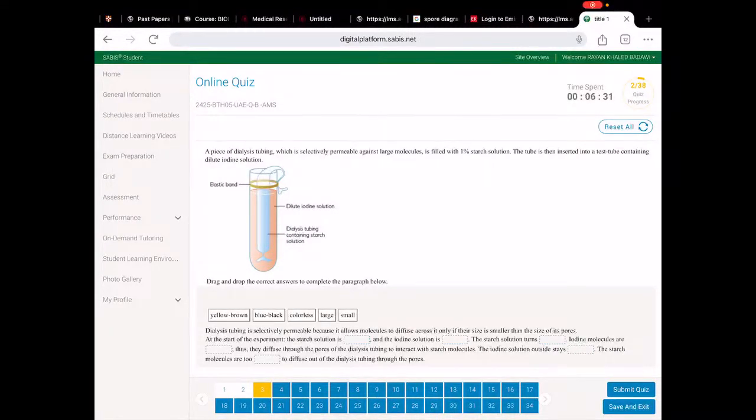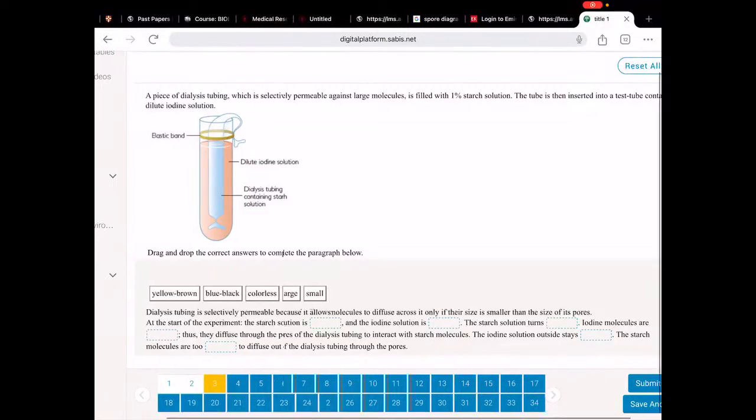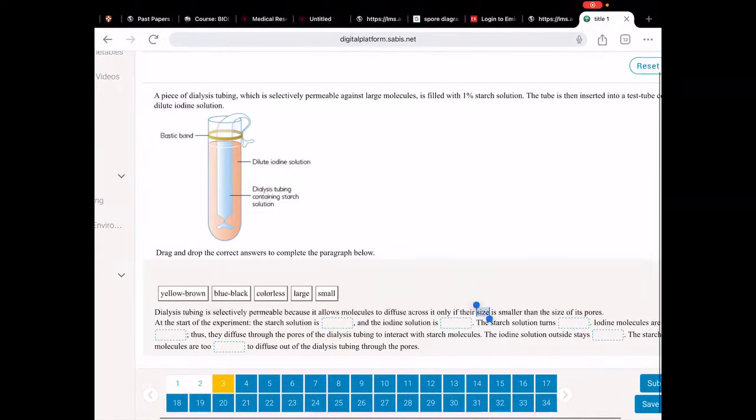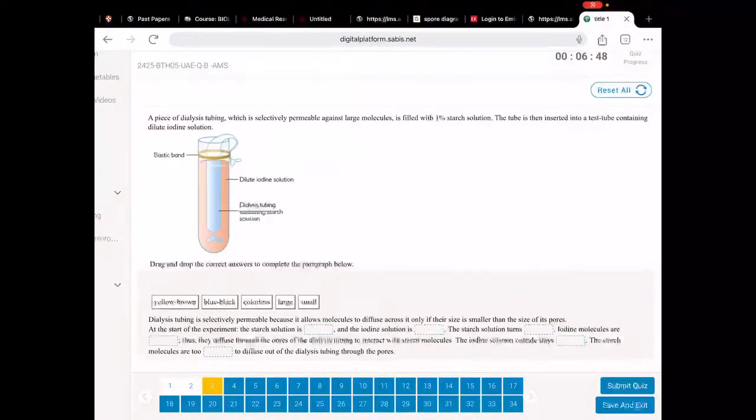Large, okay. So what do we expect? We said selectively permeable, only allowing small sizes to pass through, if their size is smaller than the size of the pores. So at the start of the experiment, the starch solution, what color will it have? Colorless, perfect.